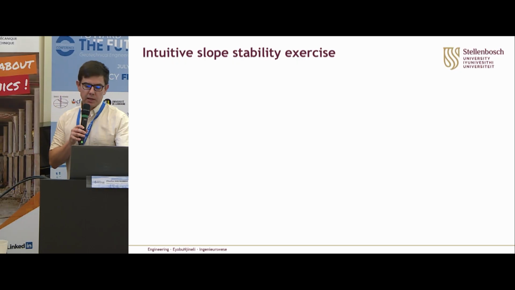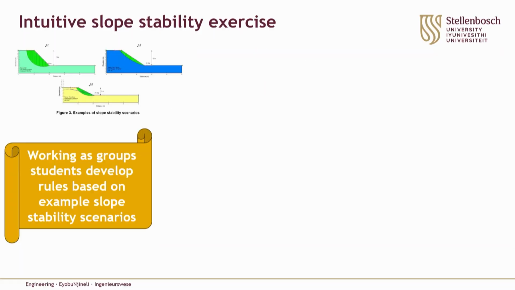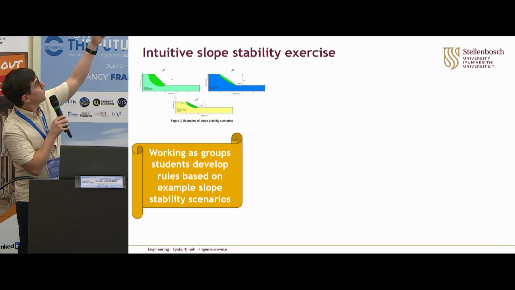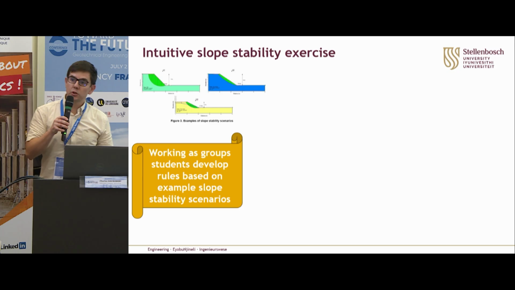Now, we then move on to this intuitive slope stability exercise, which is an exercise to try and get students to engage with the language of slope stability. What happens in this exercise is that students work as groups, and they are presented with a number of examples like those at the top there. Some have a phreatic surface, some don't. There's different strengths.